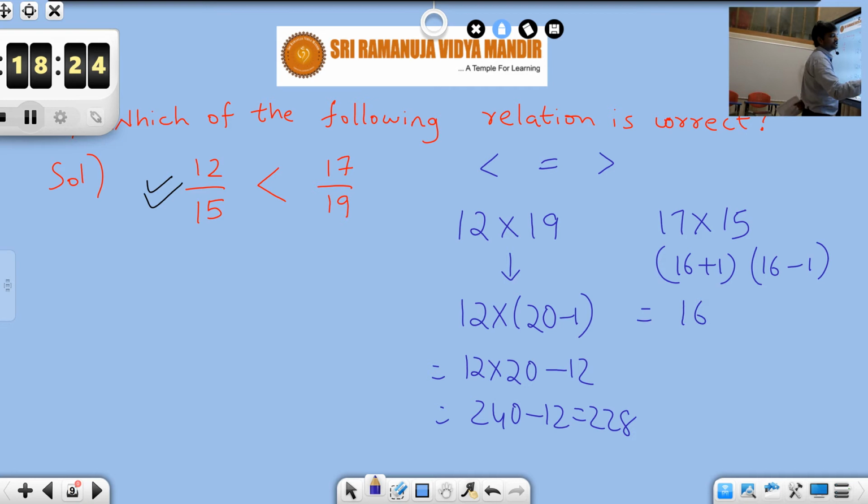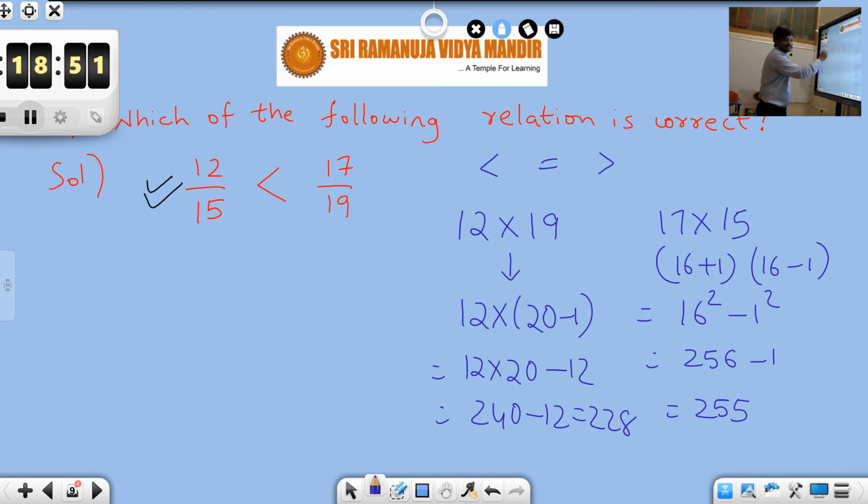So this is equal to 16 square minus 1 square. 16 square is 256 minus 1, 255. Students, whatever the relation is between these two numbers, after you cross multiply both sides by a positive number, the relation will still hold the same. So based on that, we will be trying to solve this question.